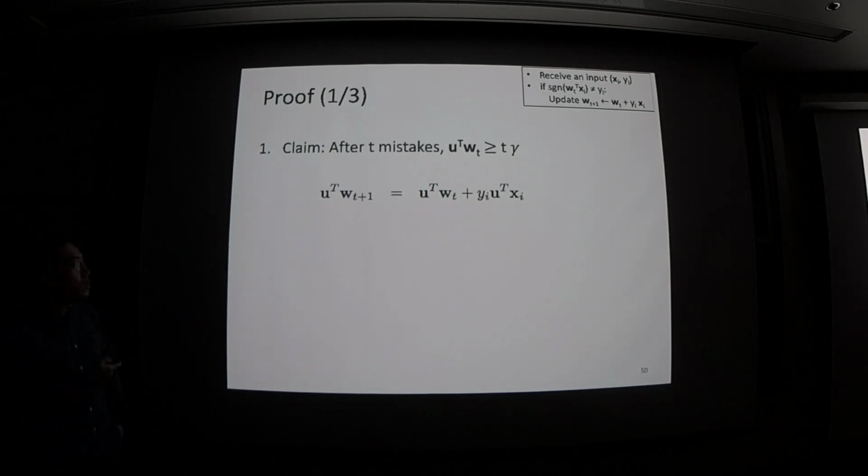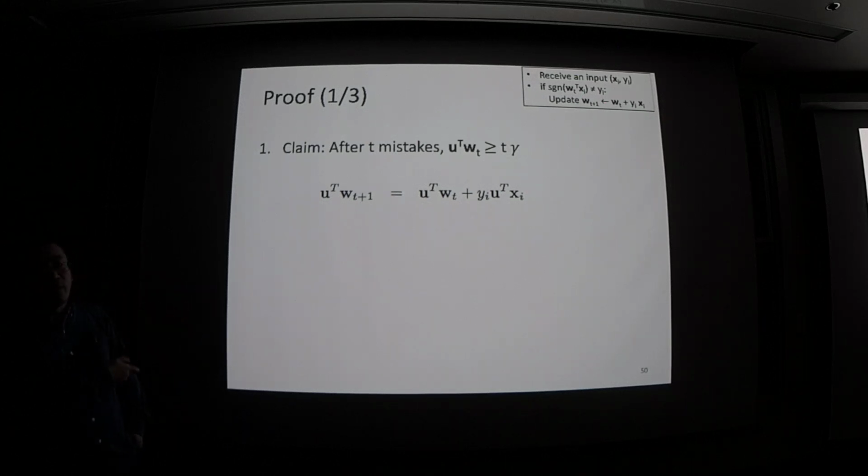So we want to say whether u transpose wt plus 1 is no less than t plus 1 gamma. That's the conclusion for the next stage. To see that, we can first look into how we obtain wt plus 1 out of wt. That is according to the update rule of the perceptron.